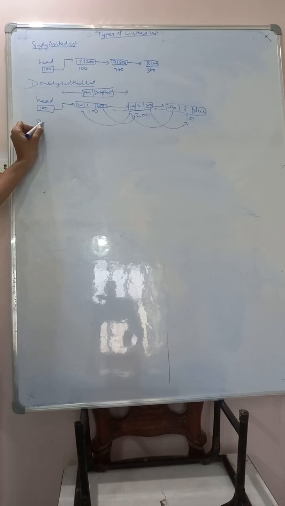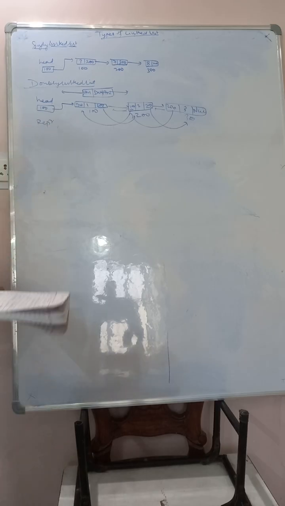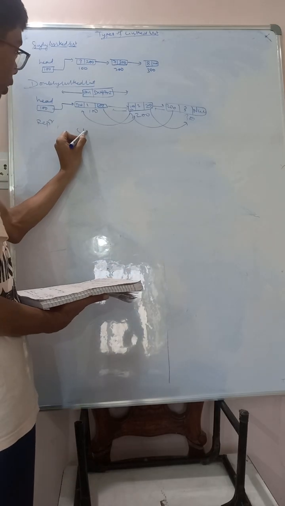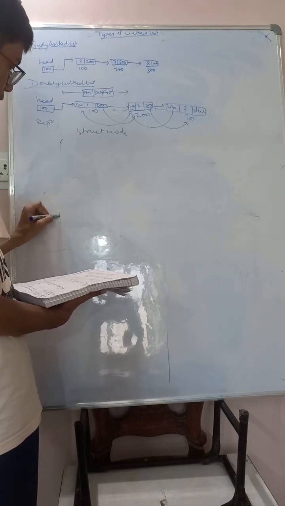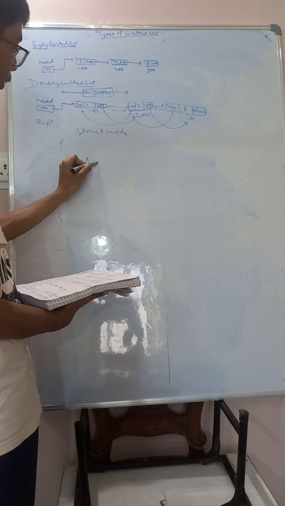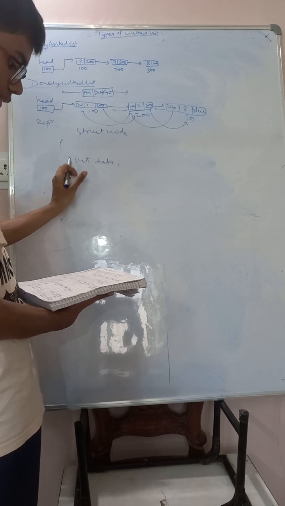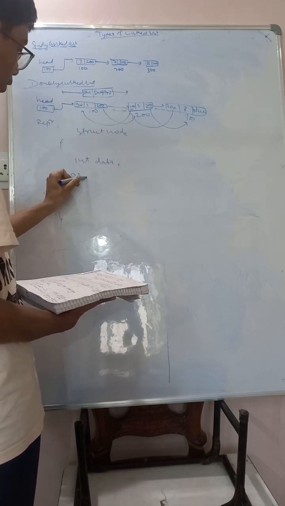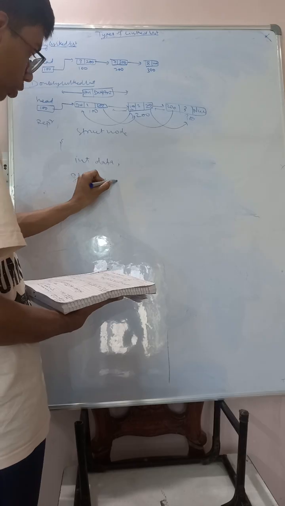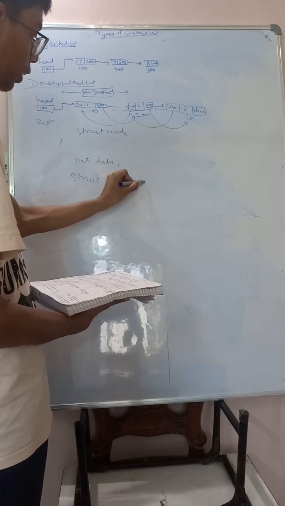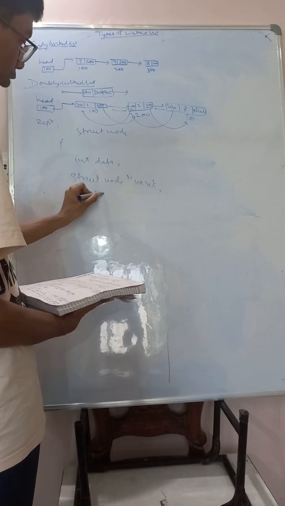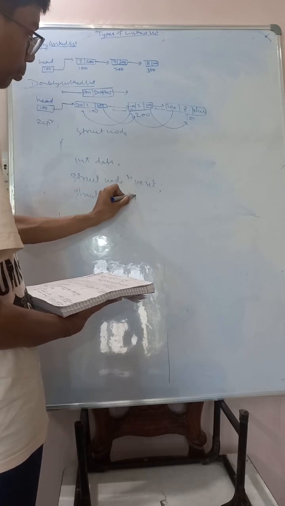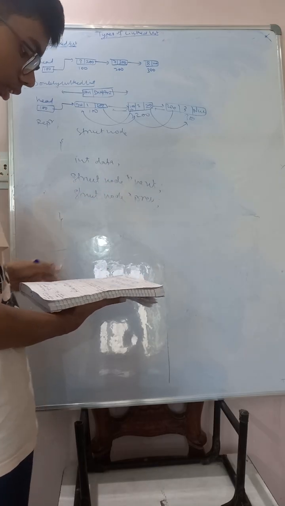The representation of doubly linked list can be written as, again, a struct node my data type and declaration of data, right? A struct node next, struct node previous, right?